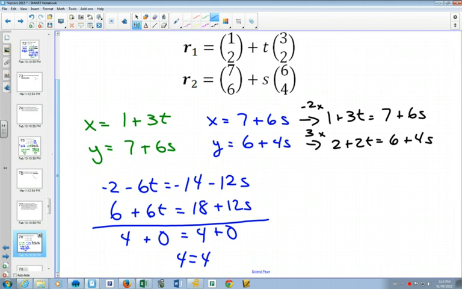Now I'm curious what's going to happen here. If we had set this up as 3t minus 6s equals 6, and 2t minus 4s equals 4, what would happen if we had set this up as a matrix equation?